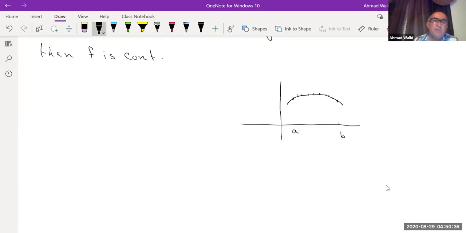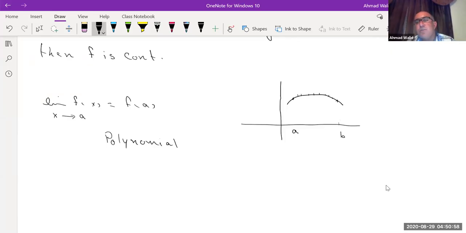Remember, when I gave you this definition, that the limit of f of x as x approaches a equals f of a, I told you that for all polynomials you can use direct substitution.